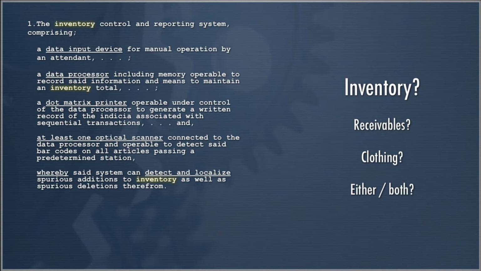And what happened here was a jury found that this did infringe, right? But the district court in the Markman case entered a judgment as a matter of law, reversing the jury, saying that the word inventory required the system to track both clothing and the receivables associated with that clothing, meaning the money that was owed, right?